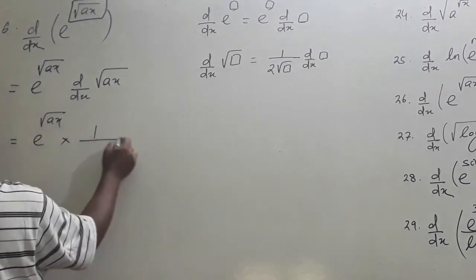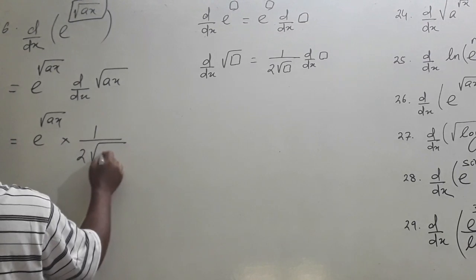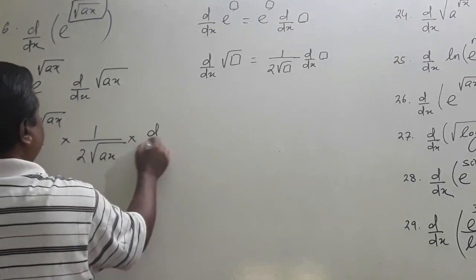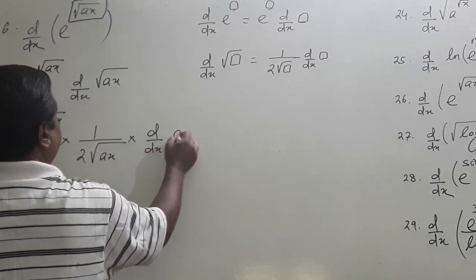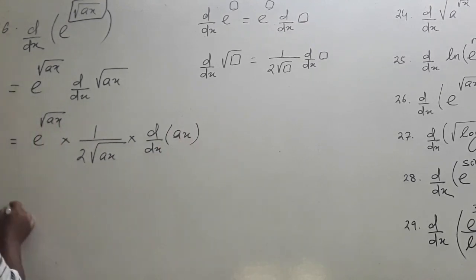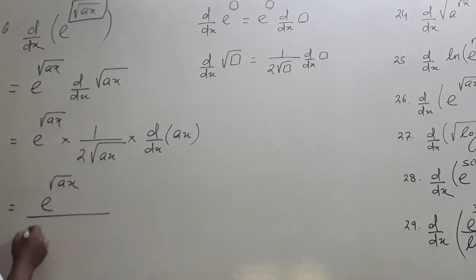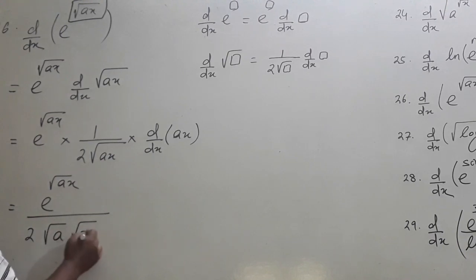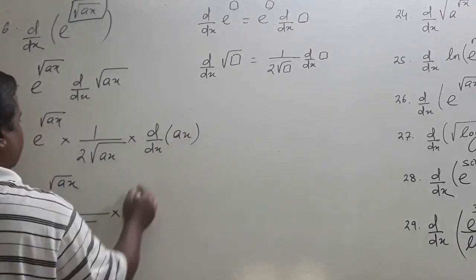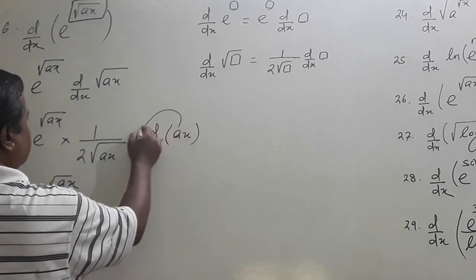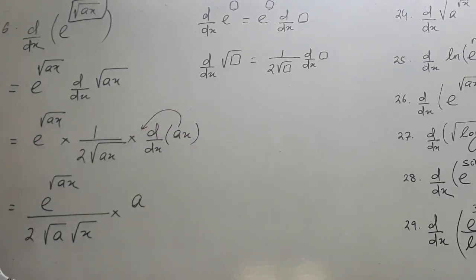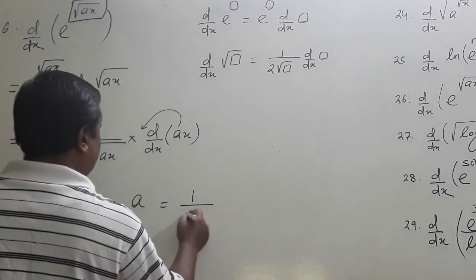Formula is 1 by 2 root box into d/dx of ax. A will come outside. d/dx of x is 1. Now root a, root a will cancel.